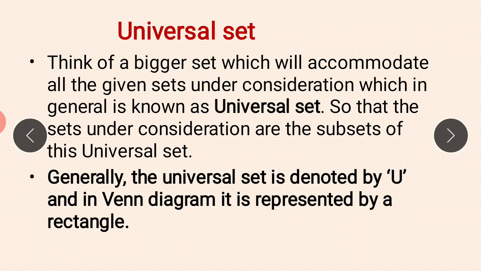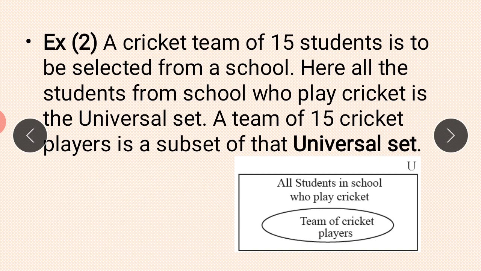Generally, the universal set is denoted by capital letter U, and in the Venn diagram it is represented by a rectangle.